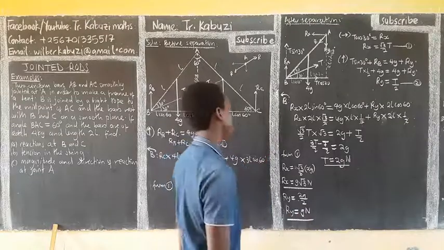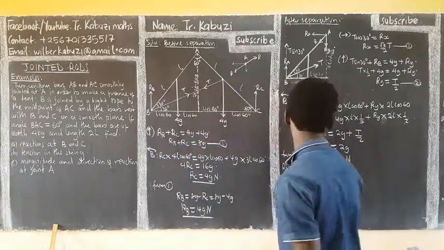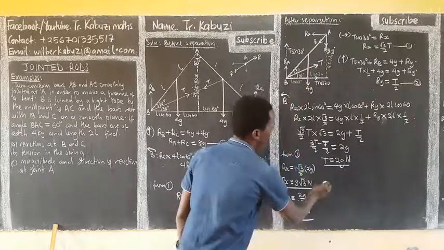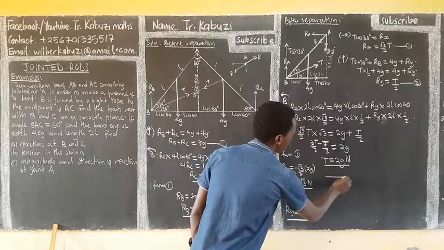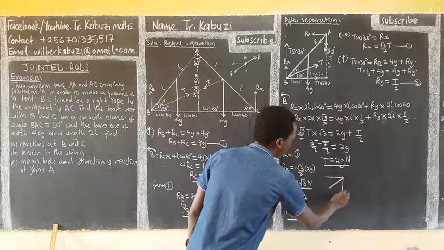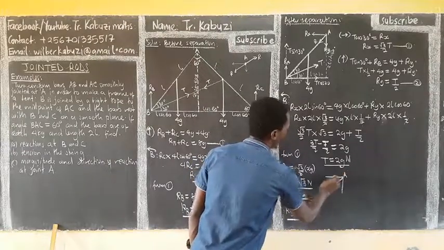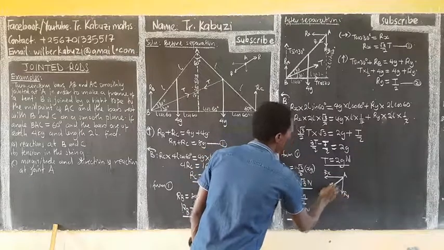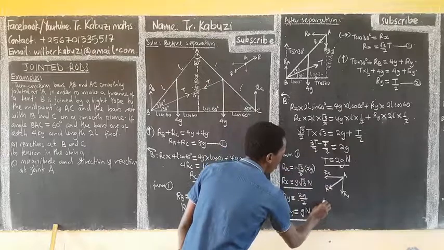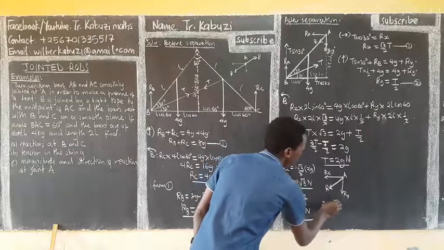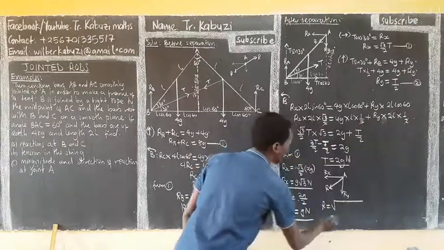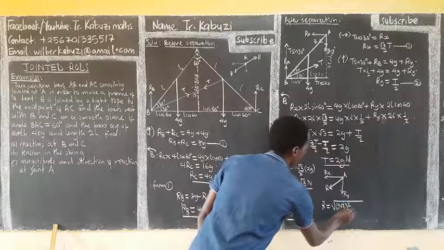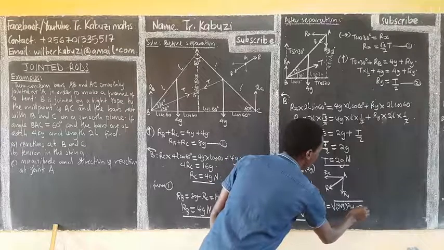As simple as that. So they wanted us to get the magnitude, so I think you can see our magnitude from there. Our R is given by this, a reaction at A. So this is Rx. This is going to be Ry. This is going to be our R. So our reaction there is going to be the square root of Rx, which is g root 3, the whole squared, then plus g squared.